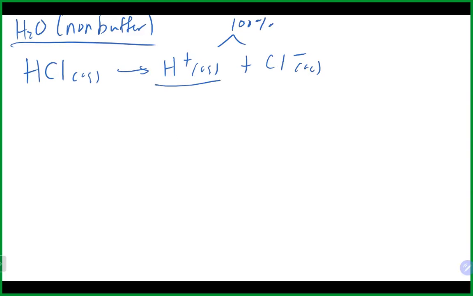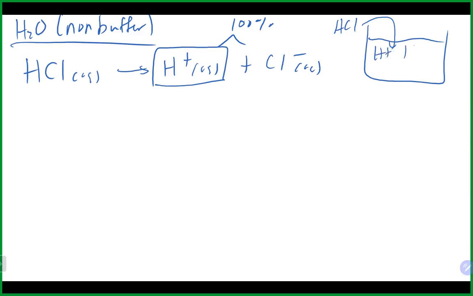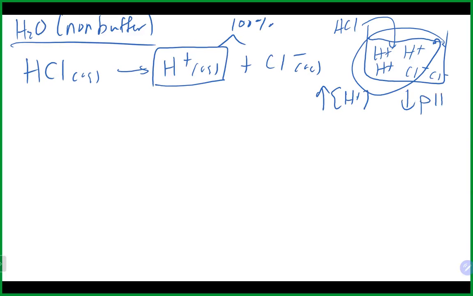Which means in that solution, when I dumped it in there to the water, I just generated a bunch of H plus and some Cl minuses, right? The concentration of free H plus has just gone up, which means the pH should then do what? Go down.